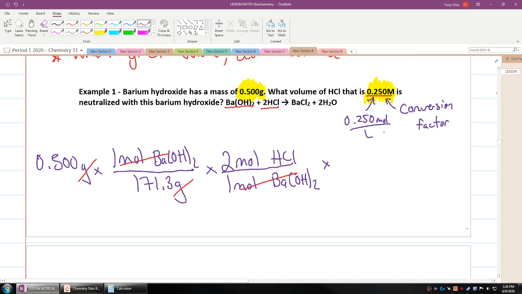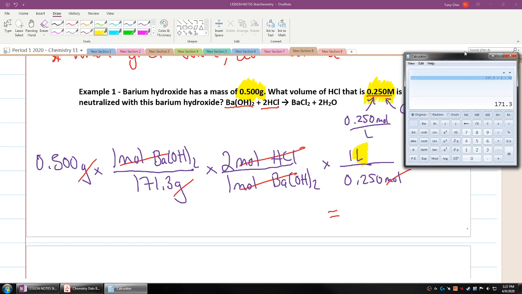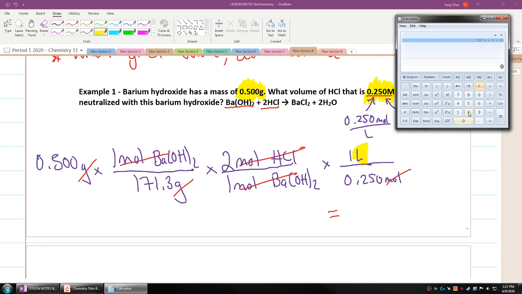Now in this case, where should our moles go? Our moles should go on the bottom. So we have 1 liter over 0.250 moles of HCl. And thus, now our moles of HCl will cancel out, and we're left with just the volume in liters as our only unit. So what I've got to do is plug all these values into my calculator: 0.5 divided by 171.3 times 2 divided by 0.25.